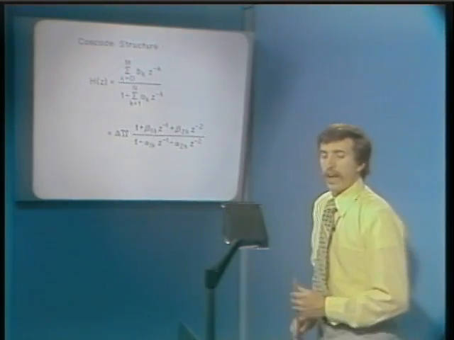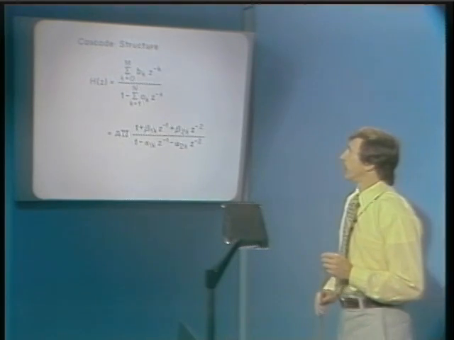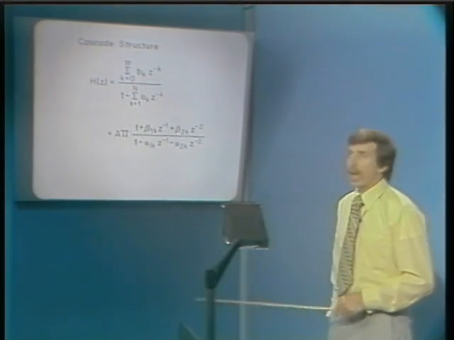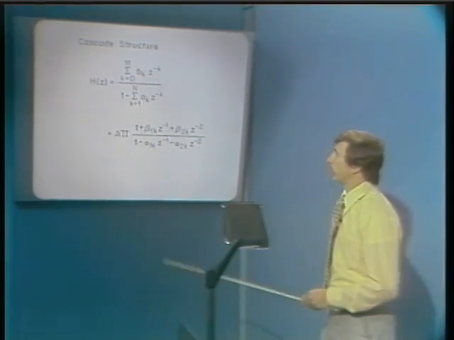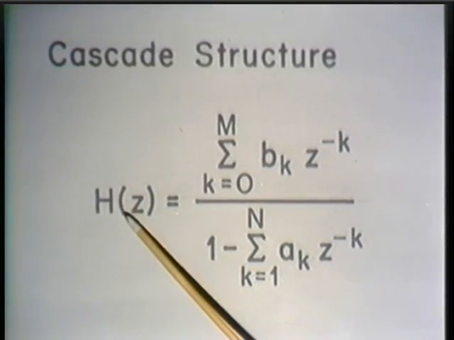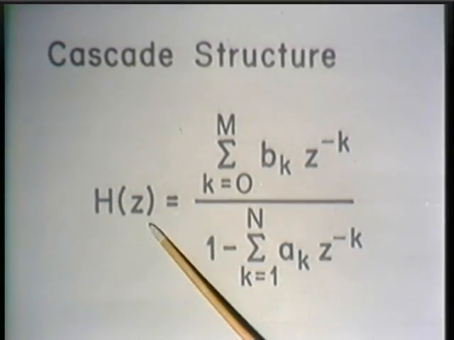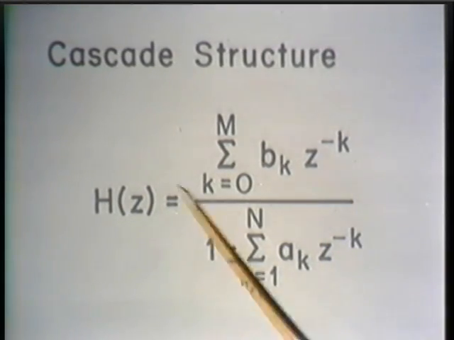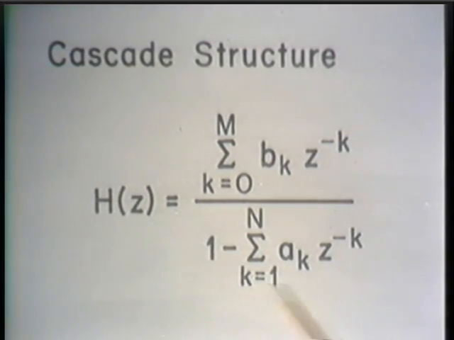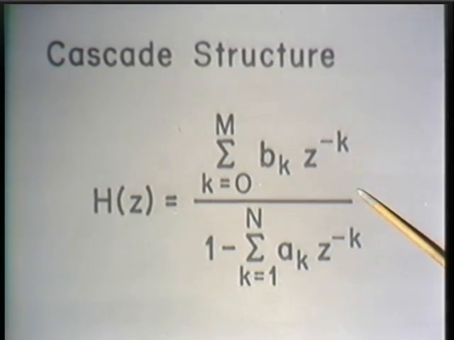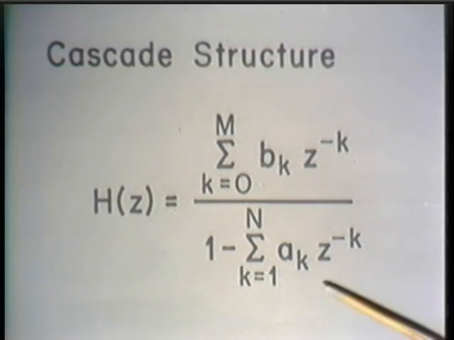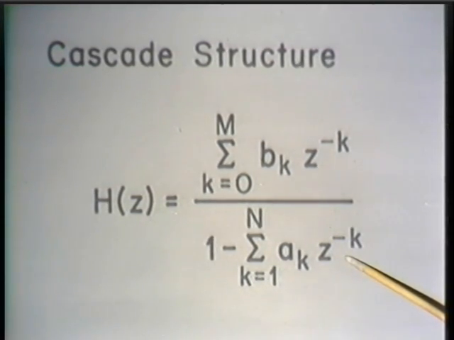basically by factoring the transfer function of the system into a product of second-order sections or second-order factors. In particular, we have, again, the general form of the transfer function, H of z, as a numerator polynomial for the zeros, a denominator polynomial for the poles. We can factor the numerator polynomial into a product of first-order polynomials and the denominator polynomial into a product of first-order polynomials.